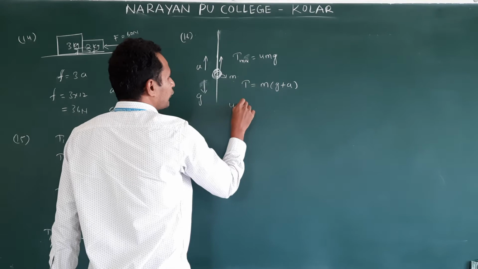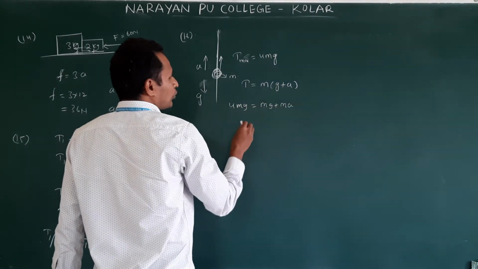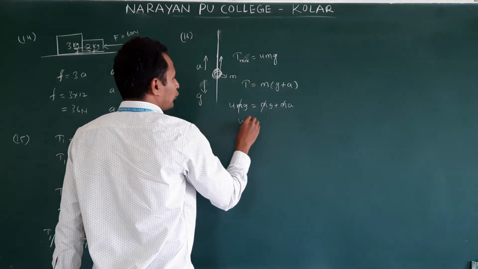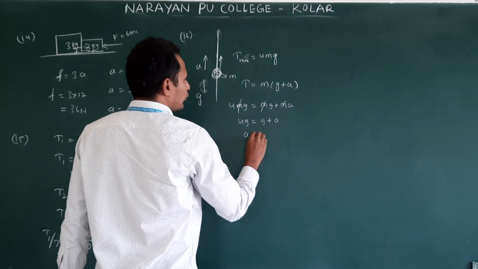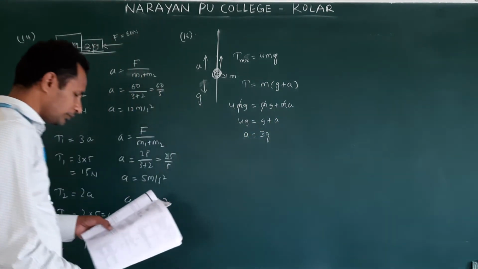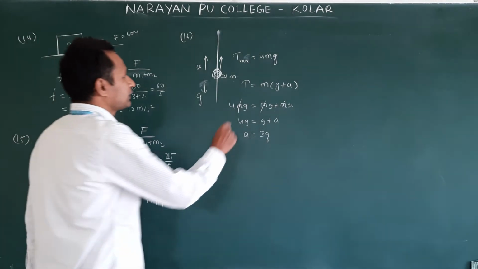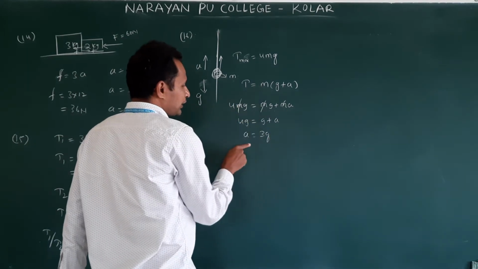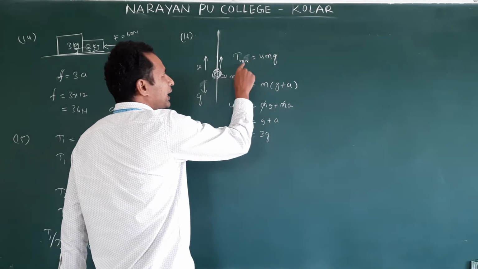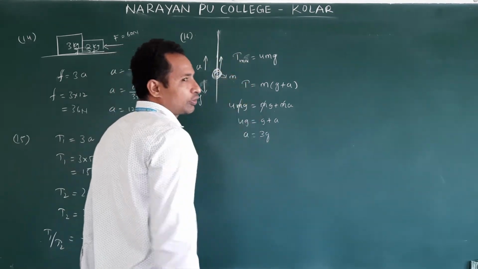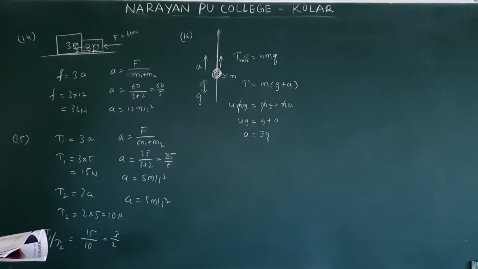So if we equate, mg plus ma, the m cancels, 4g is equal to g plus a, so a is equal to 3g. If it is accelerated with 3g, then the maximum possibility is 3g. If it goes with 4g, it exceeds the maximum tension, then the rope will break. Next is 17.